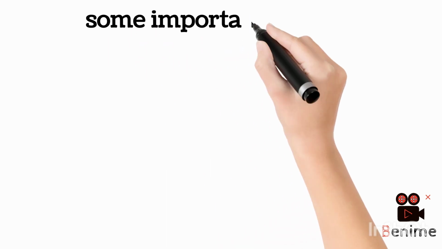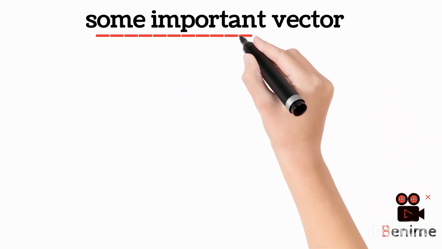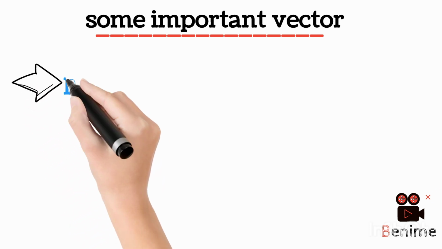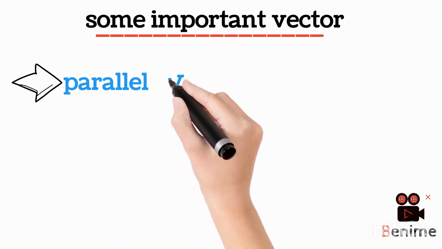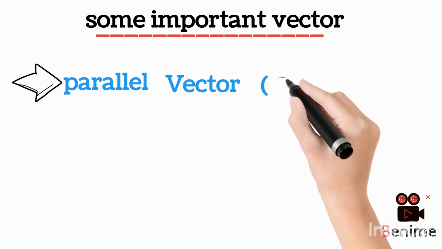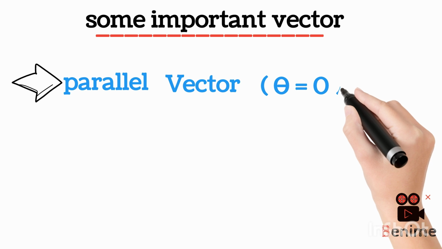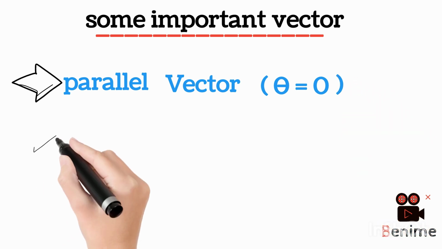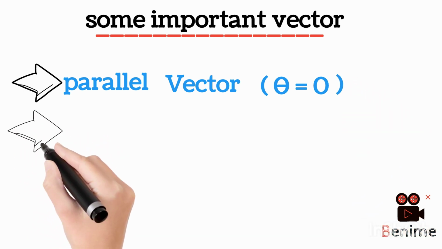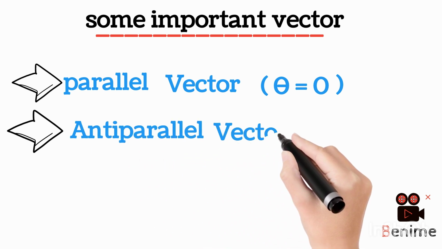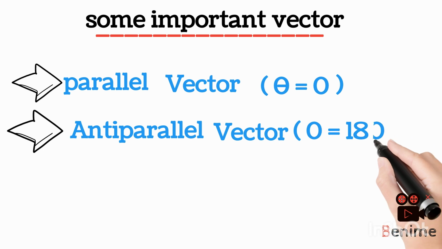Some important vectors. Parallel vector: theta is equal to 0. Anti-parallel vector: theta is equal to 180 degrees.